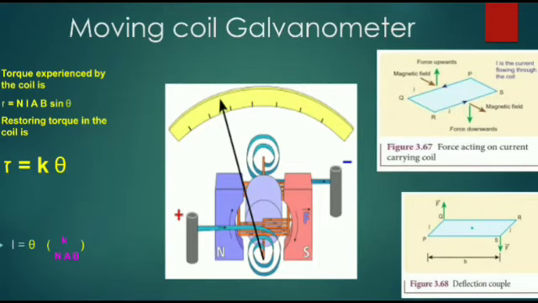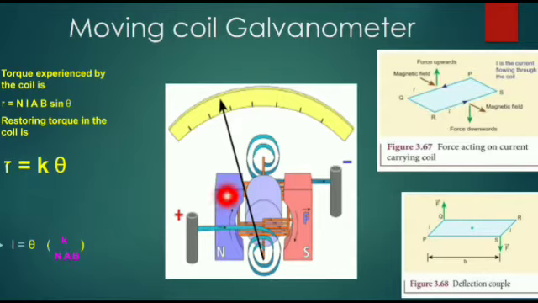Again, see this in our book. Force upwards, force downwards. So the PQ and RS sides experience force, and the deflection couple is created, two forces in opposite directions.